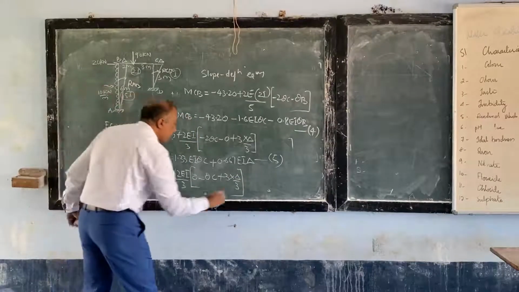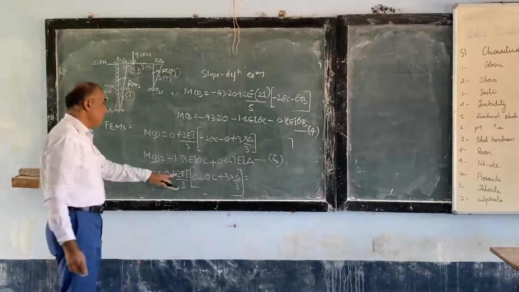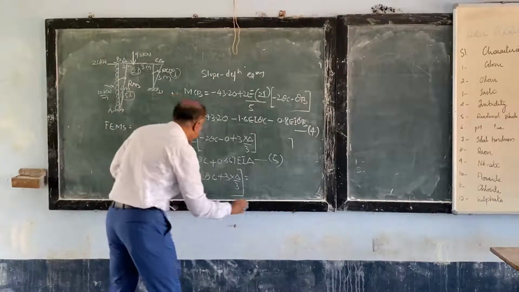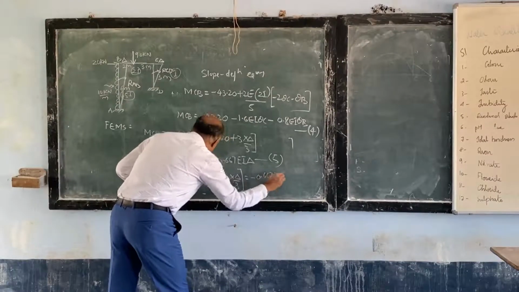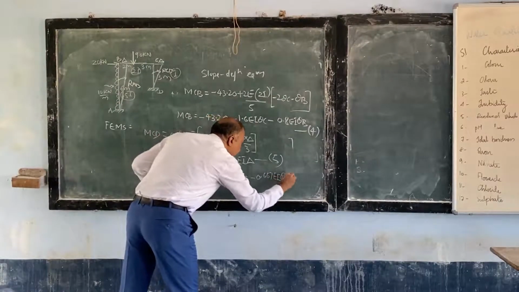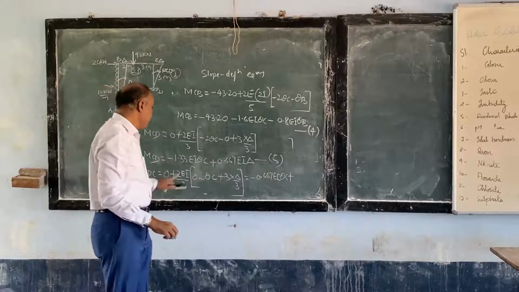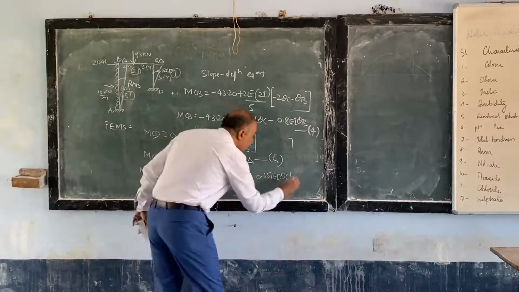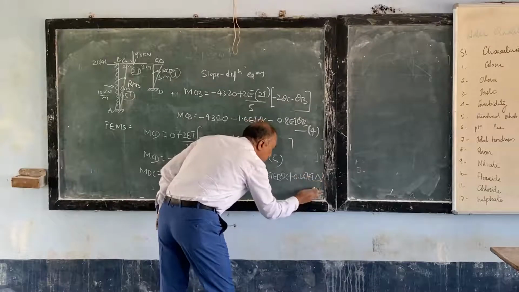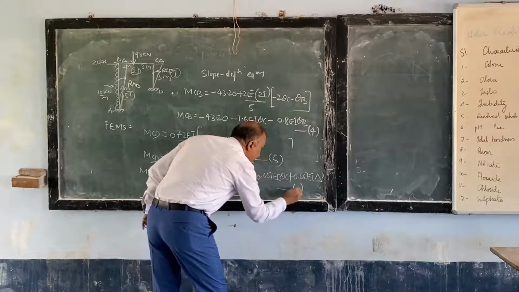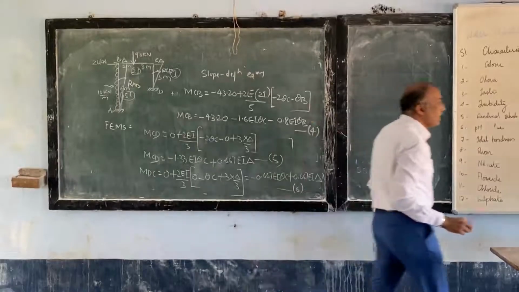So it becomes how much? 2 by 3, 0.667, minus 0.667 EI theta C, plus 0.667 EI delta. So this is your sixth equation. All the 6 equations are written.